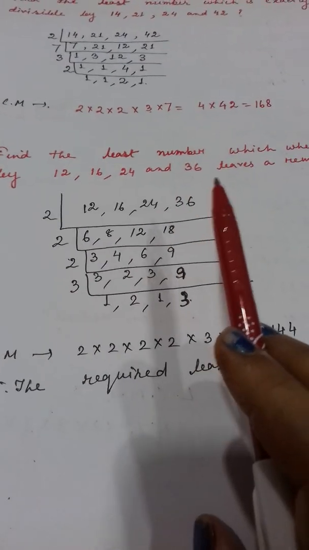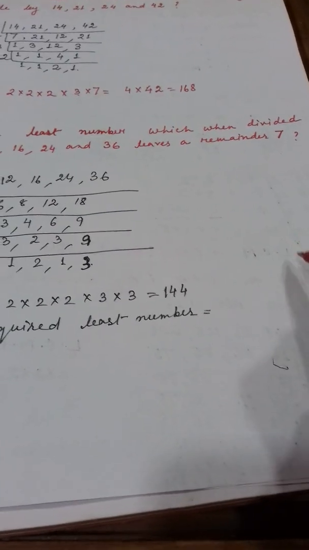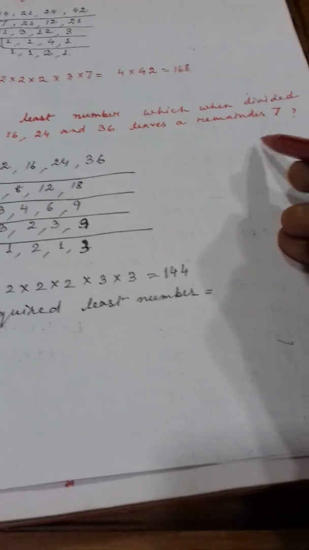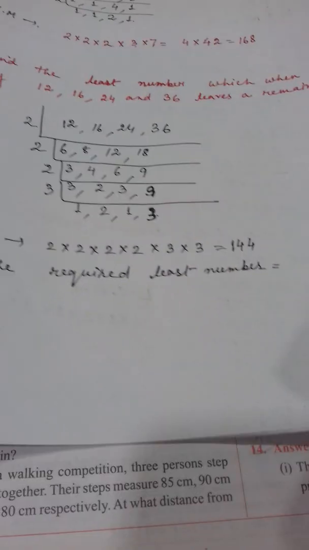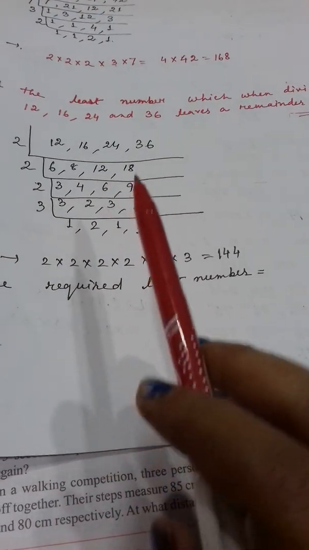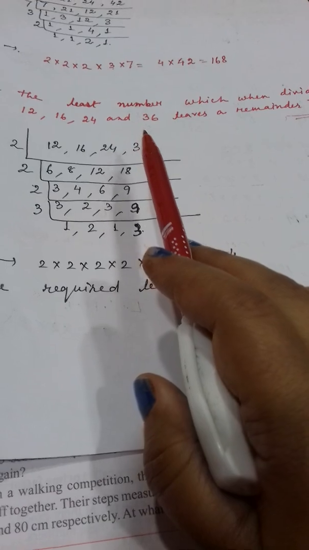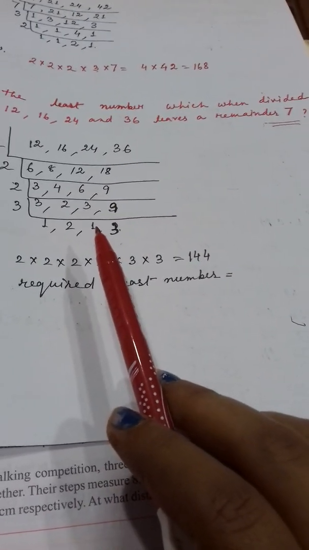Find the least number which when divided by these leaves a remainder 7. Mind it, here it is given leaves a remainder 7. So that means you have to find the required number by which if you divide all these, the remainder will be 7.